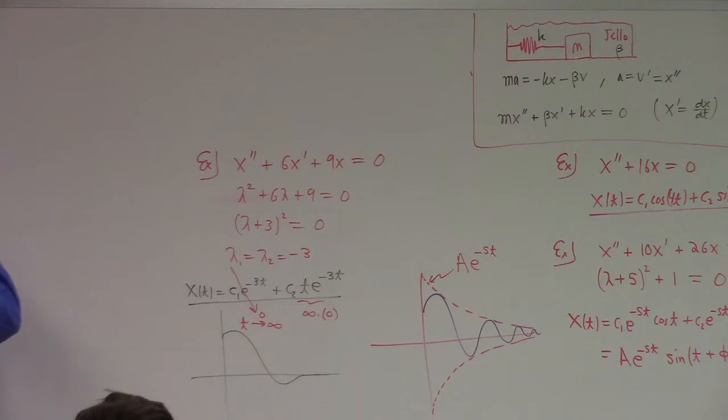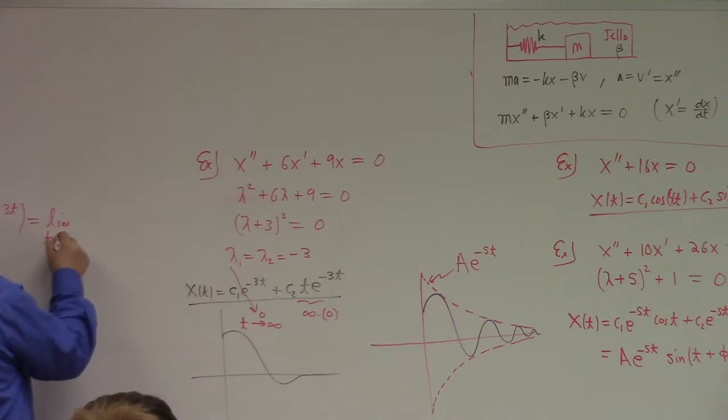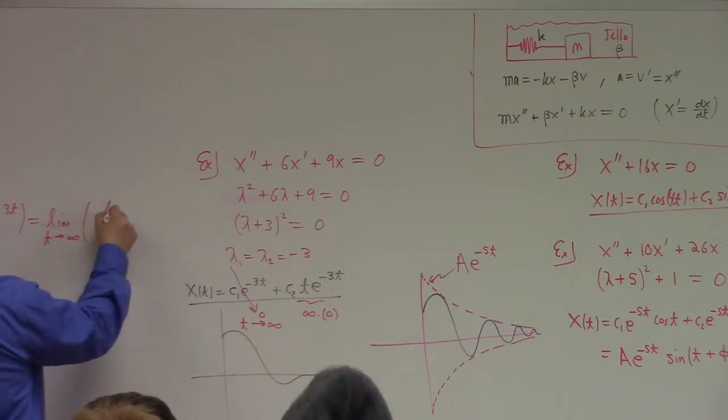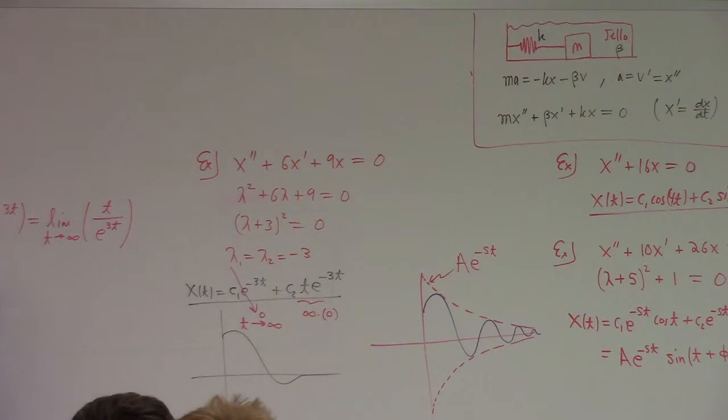But maybe you learned that if we have the limit as t goes to infinity of t e to the minus 3t, well, let me do some algebra here. This is t over e to the 3t. If you ever have a chance to bet on a fight between a polynomial and an exponential, it's an easy bet to make. The exponential wins, because exponentials are way stronger.